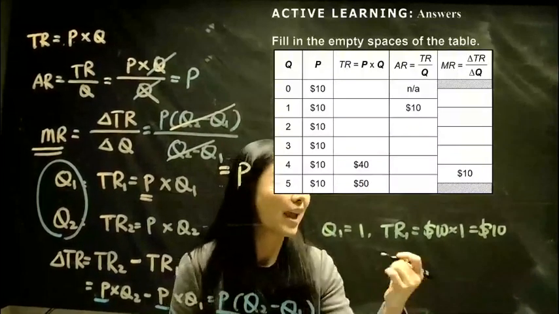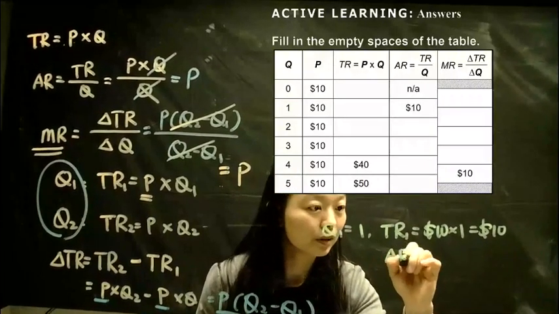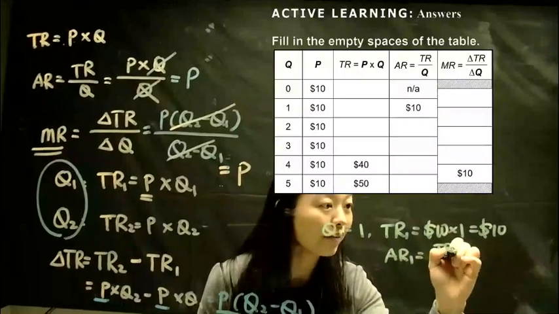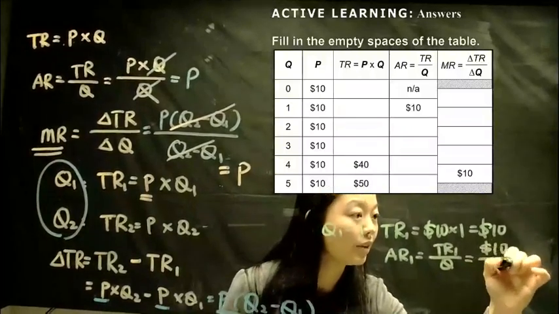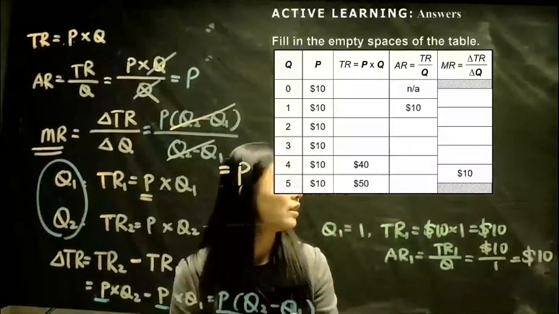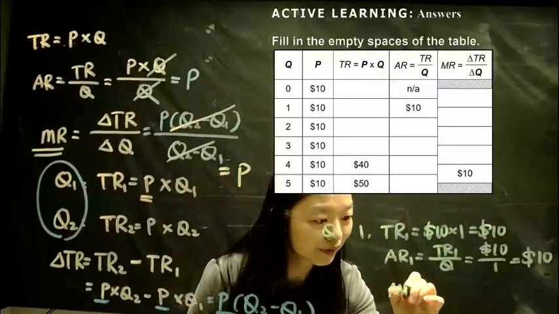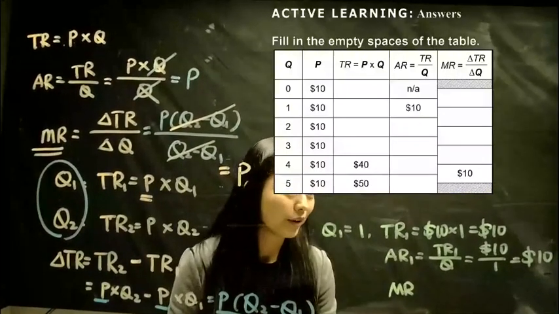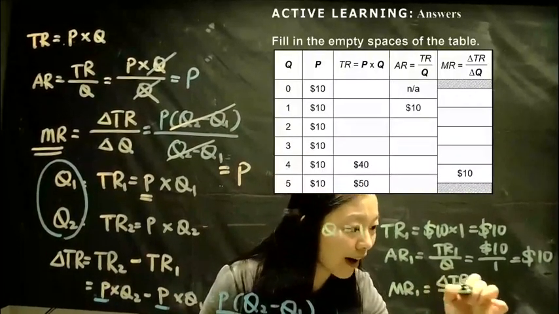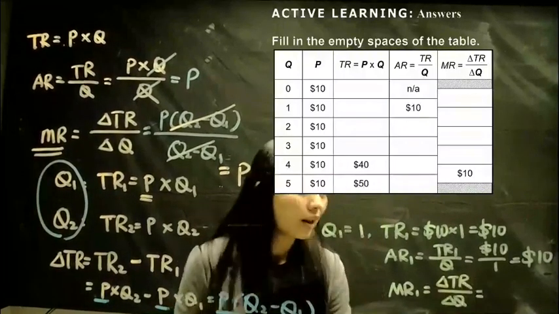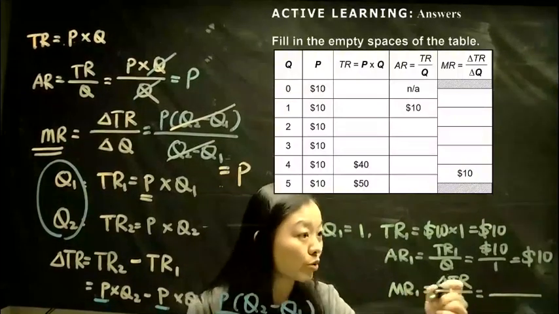And then you can also get the average revenue. So the average revenue will just equal total revenue divided by quantity, right? So we have $10 divided by 1 equals $10, right? Now, how about the marginal revenue? Marginal revenue equals the change in total revenue divided by the change in output, right? If there is no output, that means there is no total revenue, right?